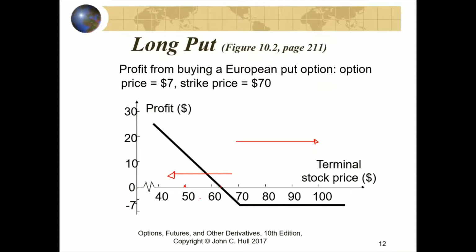Well, to answer this question, let me ask you, what is the lowest price a stock can fall to? Can the stock price become negative? Well, the answer is no. And the reason for this is why.